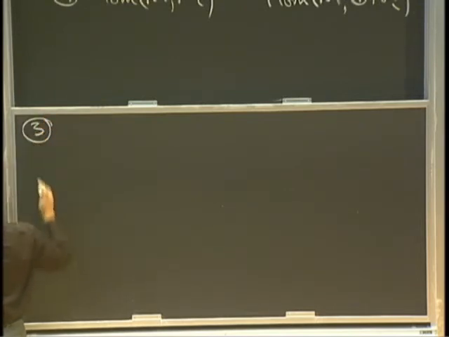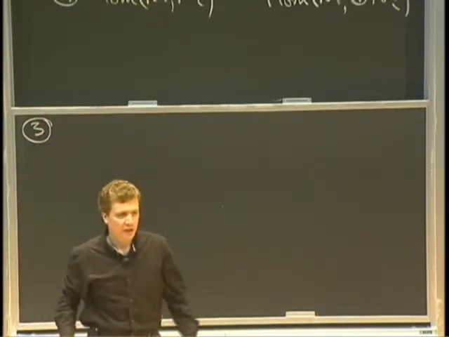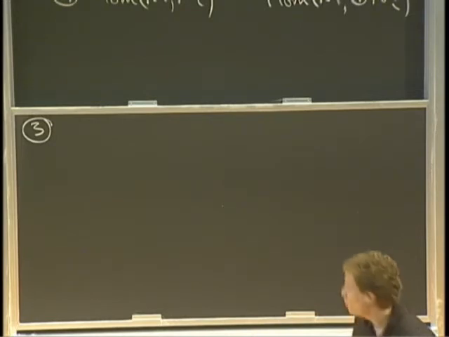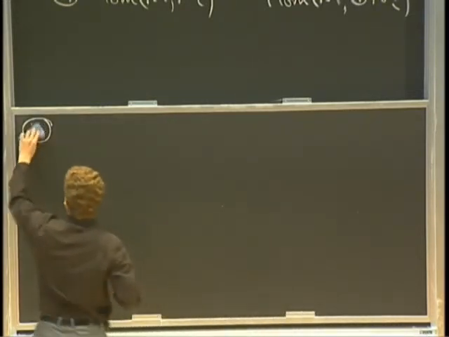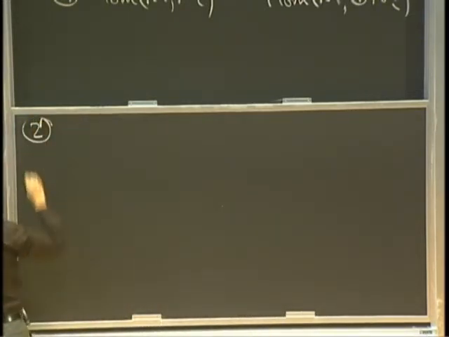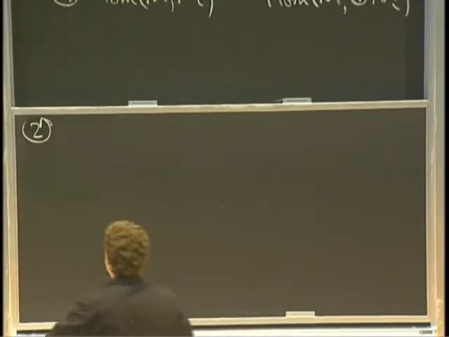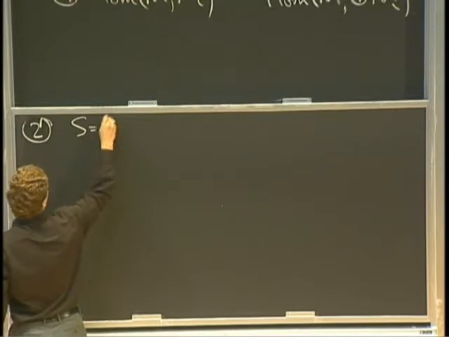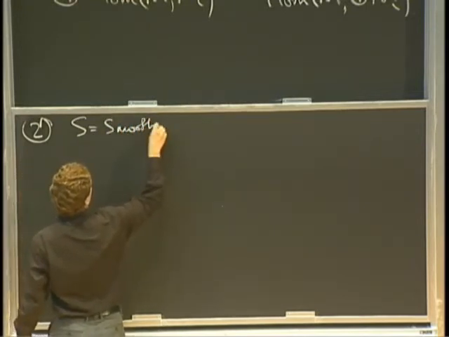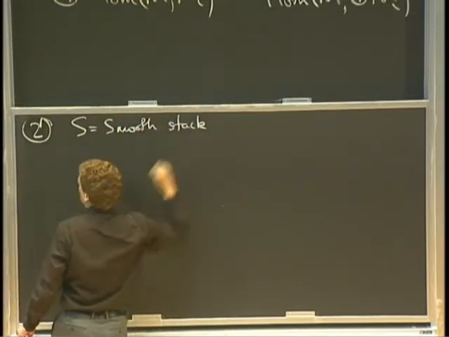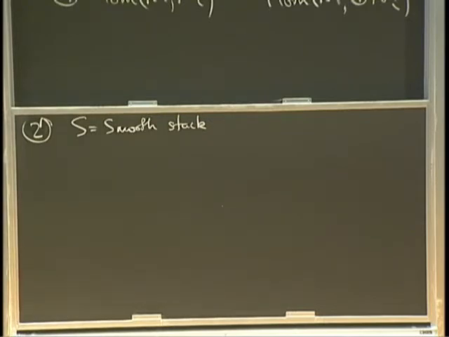So maybe I should call it 2 prime. I don't want to go too deep into it, but let me just say that if S is a smooth stack, then compact objects in the category of D modules can still be explicitly described.